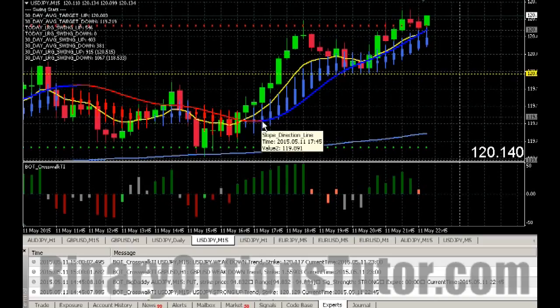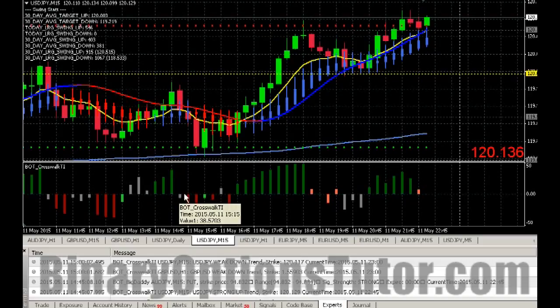It took us a little while for the slope to finally catch up, but again, this slope is at a setting where these are all going to line up at different times. What you're probably going to see in most instances, our crosswalk indicator is built and designed by us to be very dynamic, so it's probably going to catch reversals and movements, changes in the waveform of the market, a lot quicker.